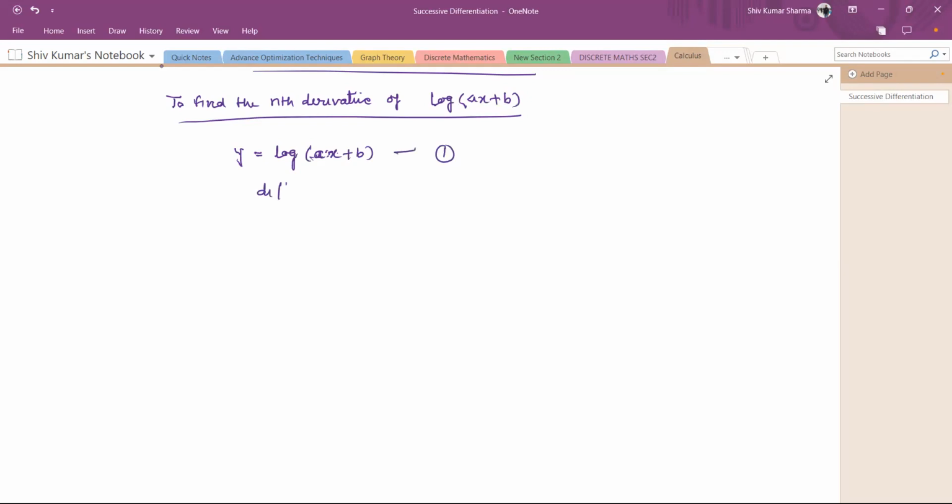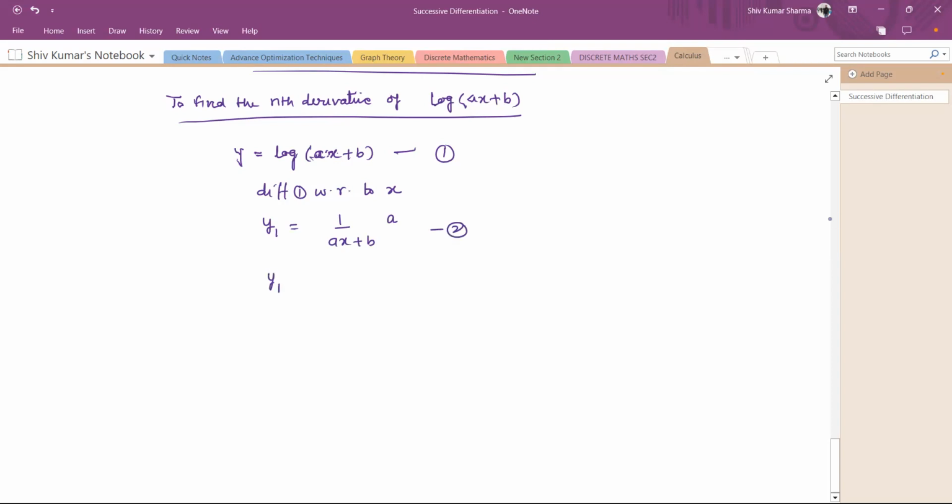So we differentiate equation 1 with respect to x. We write down y1. So y1 is equal to the differentiation of log x, which is 1 upon x. So that means we write 1 upon ax plus b, and the differentiation of ax plus b is a. So this is our equation number 2.